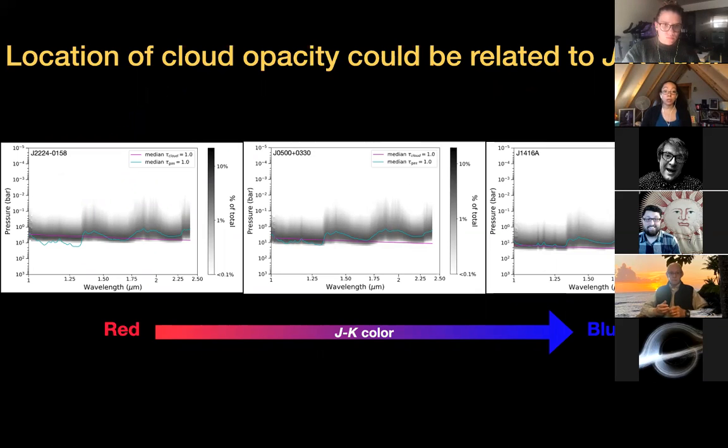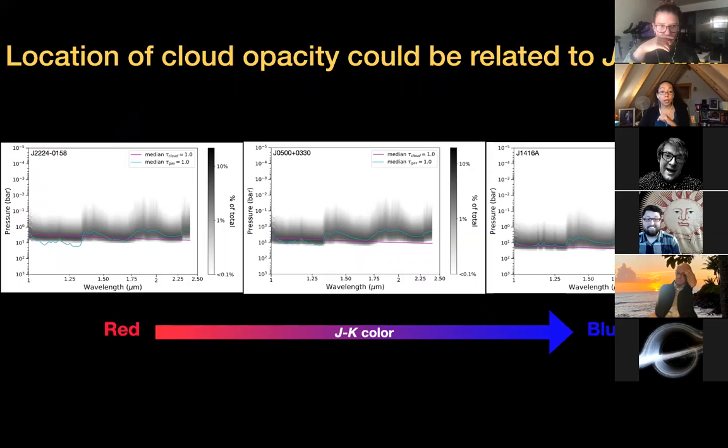What we've noticed is the location of this median cloud opacity above the median gas opacity could be tied to the observed J-K near infrared color, with the cloud opacity being higher above for redder objects, and then you see it moving deeper and deeper into the atmosphere as you move to bluer objects.